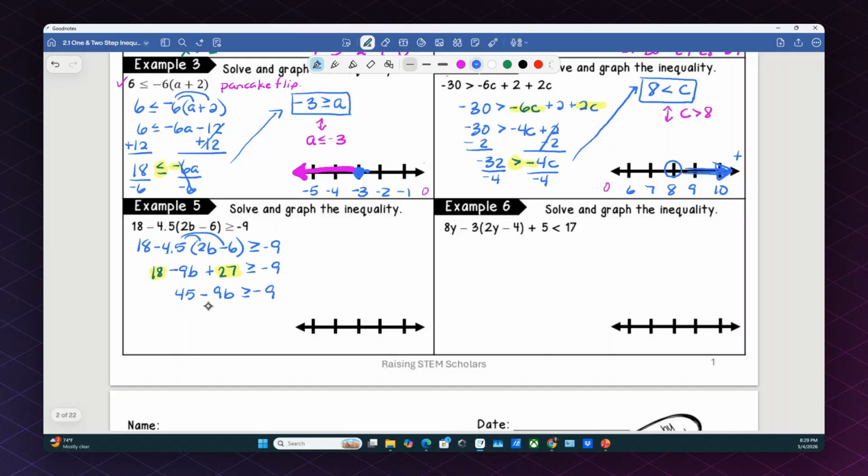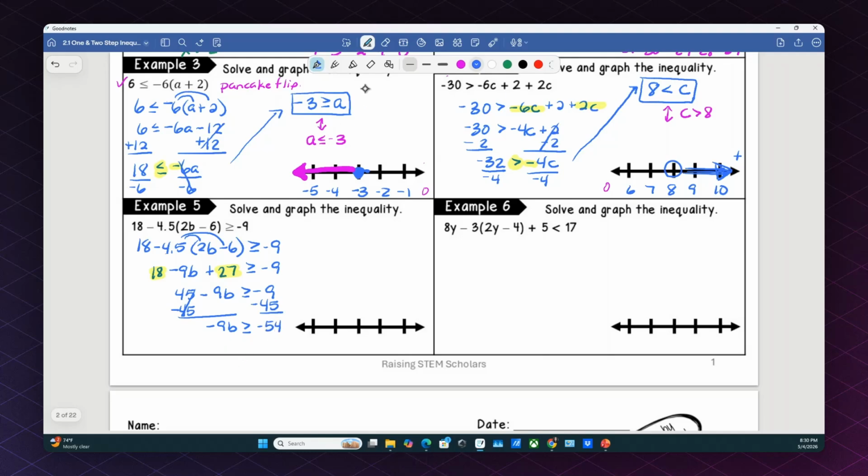Okay, so I need to get the number without the variable away from the variable. So I'm trying to get that variable by itself. So I'm going to subtract 45 from both sides. I get negative 9b is greater than or equal to negative 54.